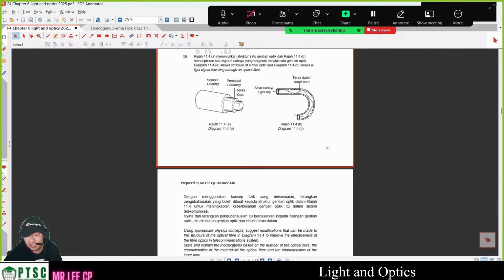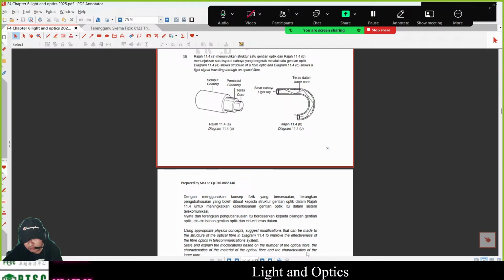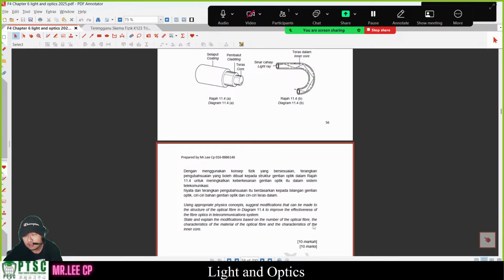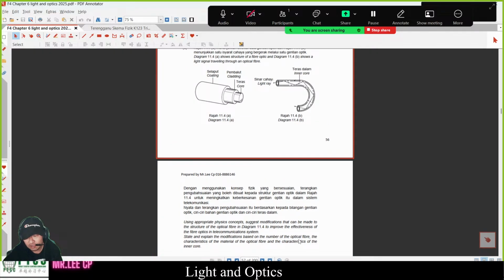State and explain the modification based on the number of optical fibers, the characteristic of the material, and the characteristic of the inner core. This one is 10 marks.